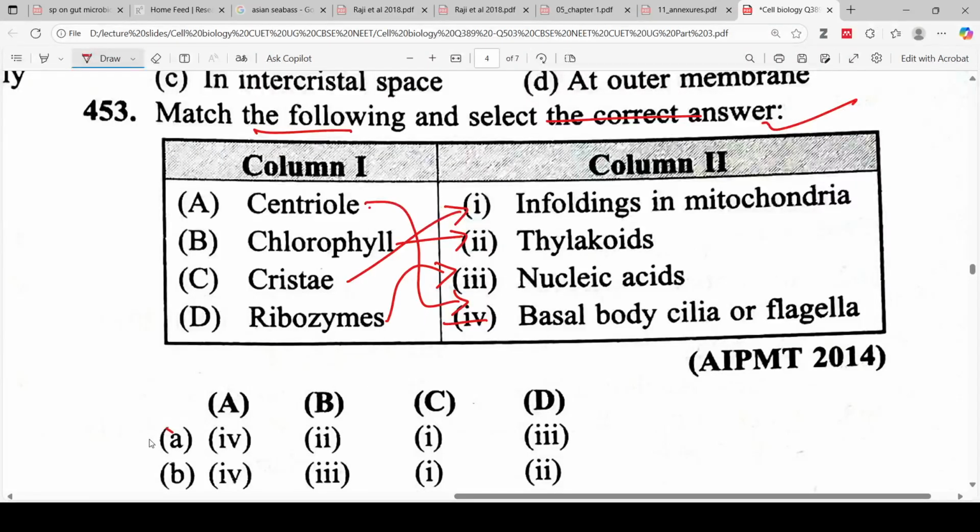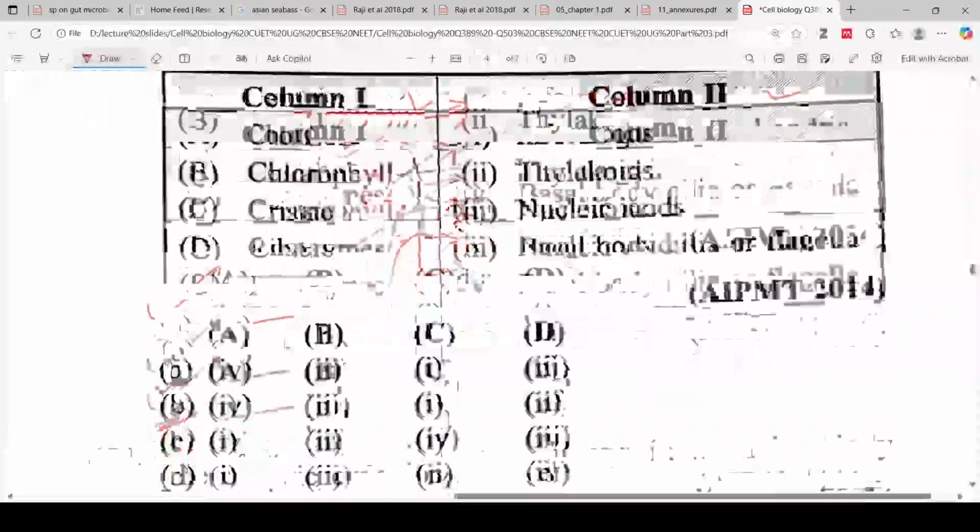So the correct answer will be option A. Option A will be the correct answer. Next question.